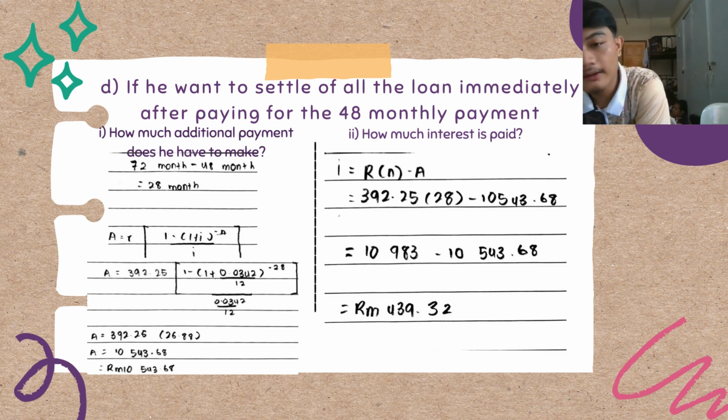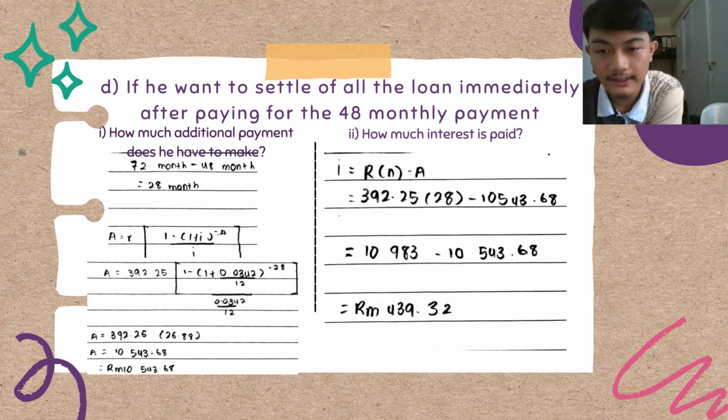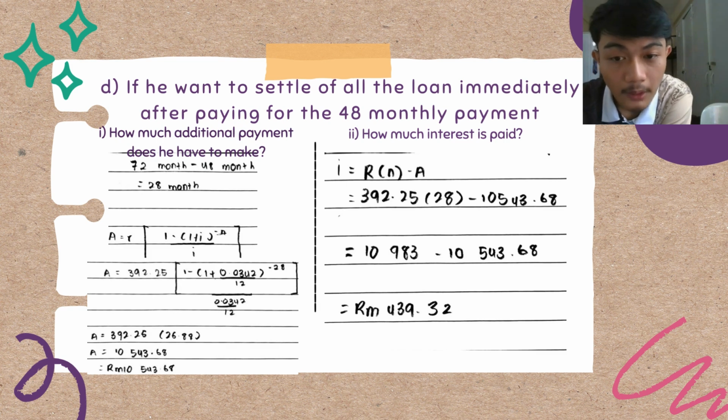So A equal 392.25 bracket 1 minus open bracket 1 plus 0.0342 over 12 close bracket power negative 24 over 0.0342 over 12 close bracket.